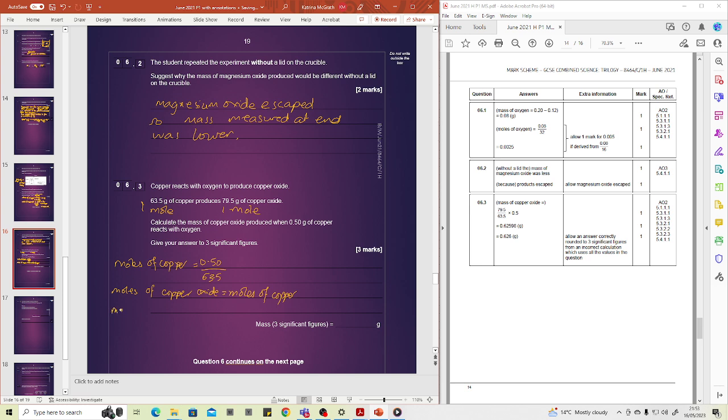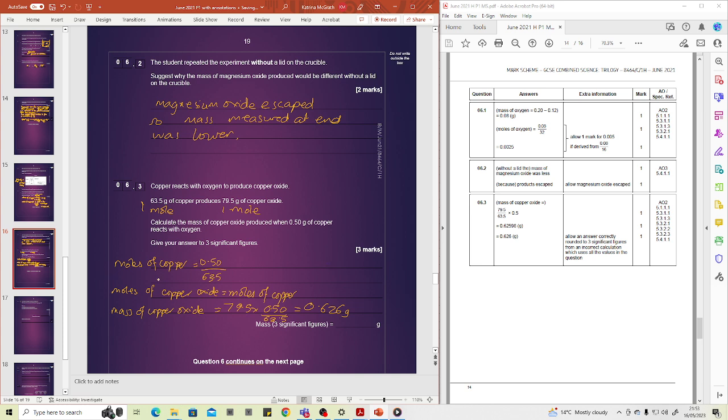So you can say the mass of the copper oxide equals 79.5 times 0.50 over 63.5. But if you take a look at the working here, all they've done is just taken a ratio, 79.5 grams over 63.5 grams, and that's completely legitimate for a question like this.